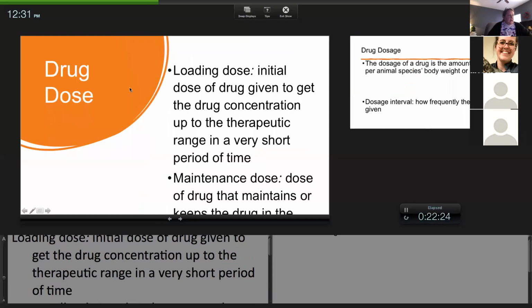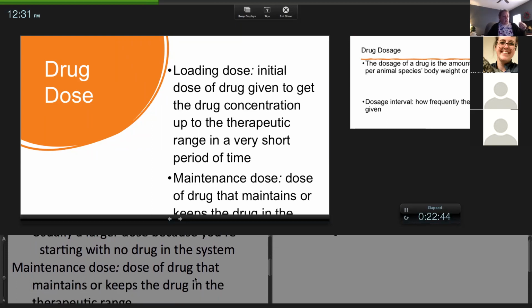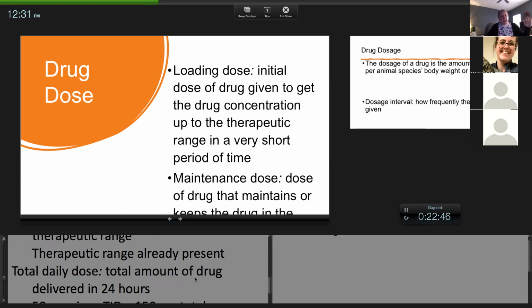Now, sometimes we'll do what's called a loading dose. The first dose that we give is to get the therapeutic range up very quickly. And then there's something called a maintenance dose, which is typically a little bit lower, and that's when we just want to maintain the drug in the system.